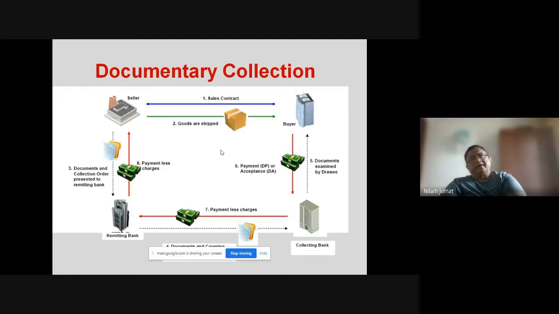If an exporter tells the importer, I am willing to deal with you only on DP terms, you have to pay me when I send the documents to your bank. By that, the exporter is getting assured that the importer cannot get hold of the goods without making the payment.